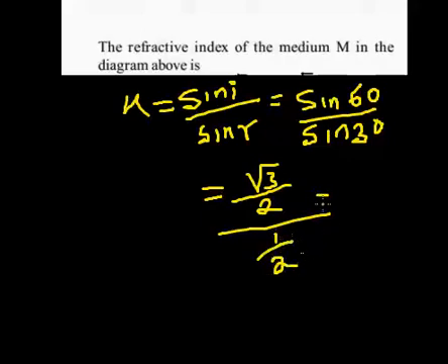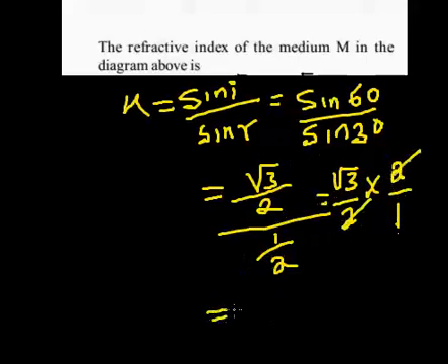So this is root 3 over 2, times the reciprocal, 2 over 1. This cancels this, so the refractive index I'm looking for is the square root of 3, which is 1.5. Please take note of this, very important.